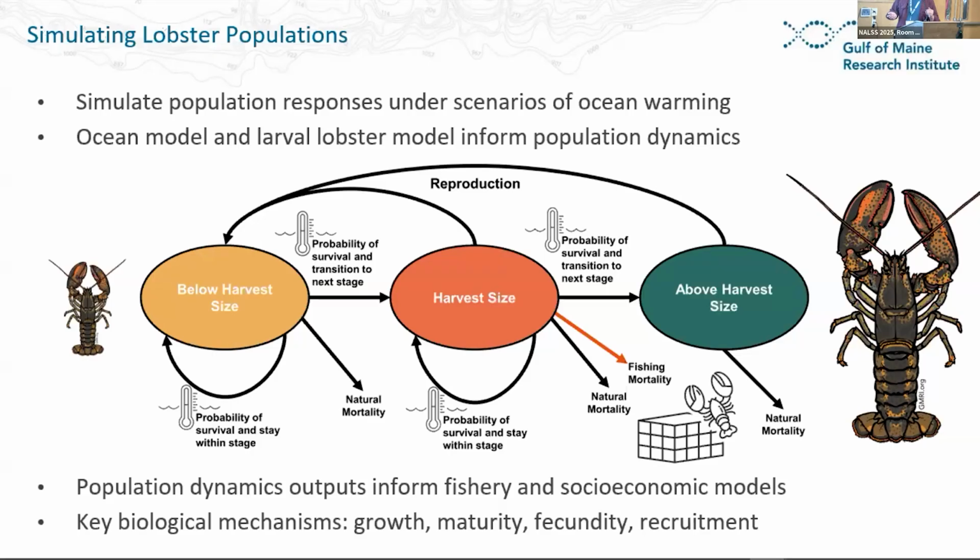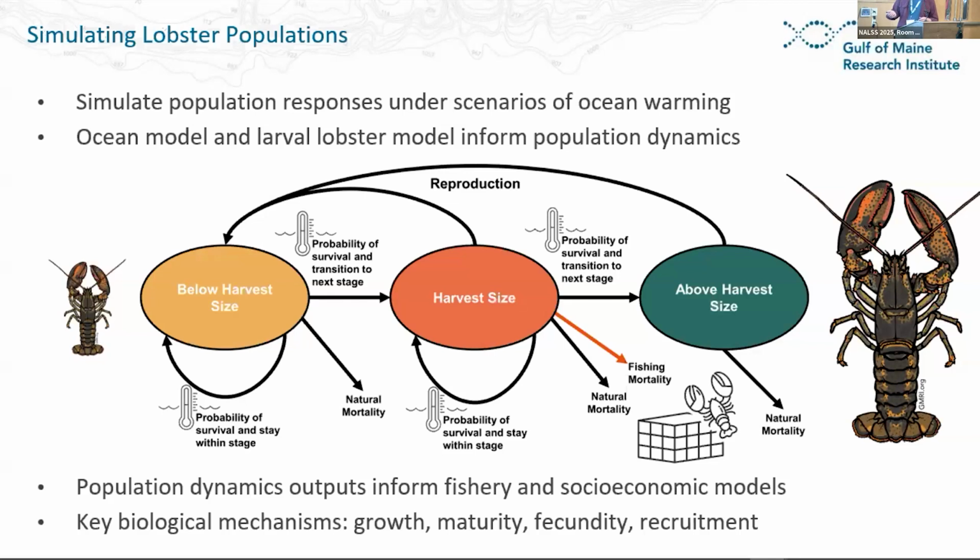The way we model this is with a probability-based parameter: if you survive, do you stay within this stage or move to the next one? We're using a distribution method to estimate stage duration, and this is tied to growth rate trajectories that are driven by temperature processes. So if temperatures ramp up, growth rates accelerate, the time you spend in that stage is shortened, and you move on to harvest size sooner.